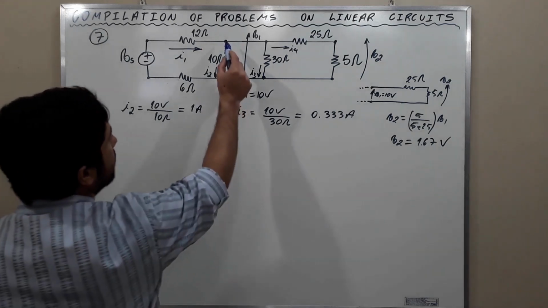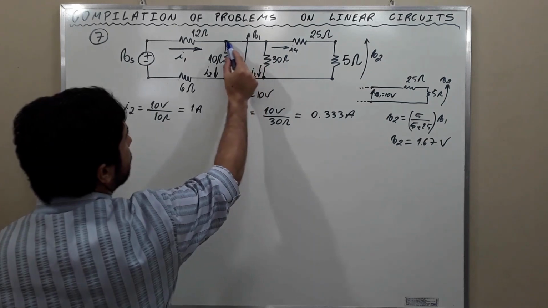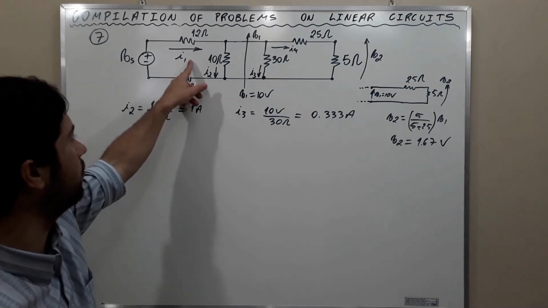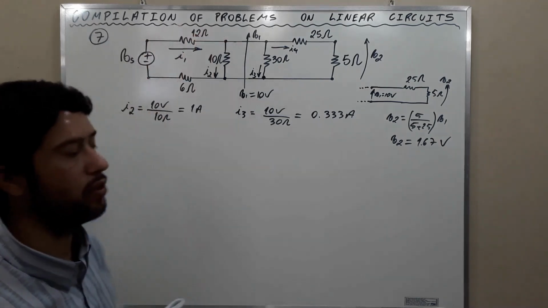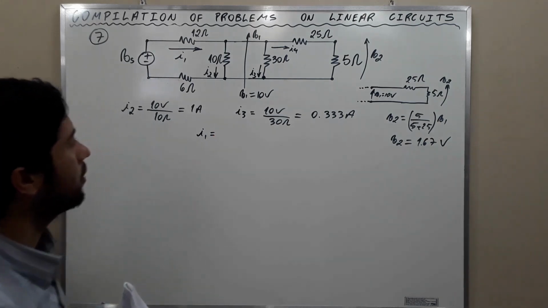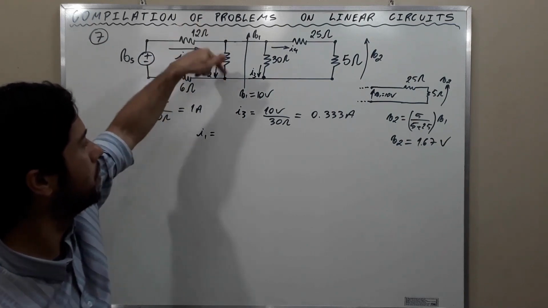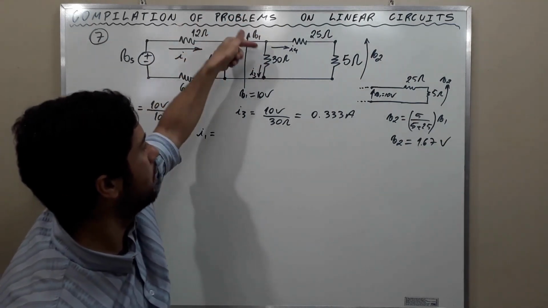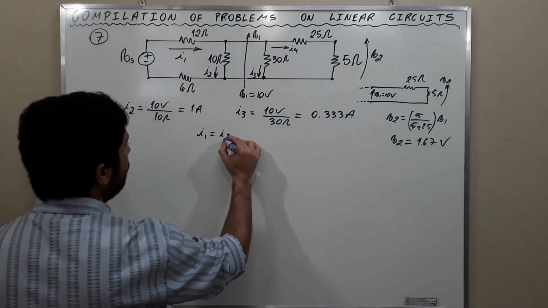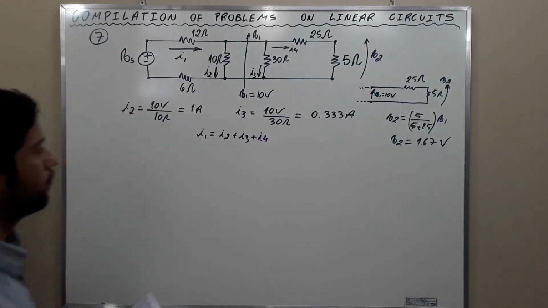There is a node here, from here to here. The current that enters the node is I1, and the currents that leave the node are I2, I3, and I4. So I1 is I2 plus I3 plus I4.